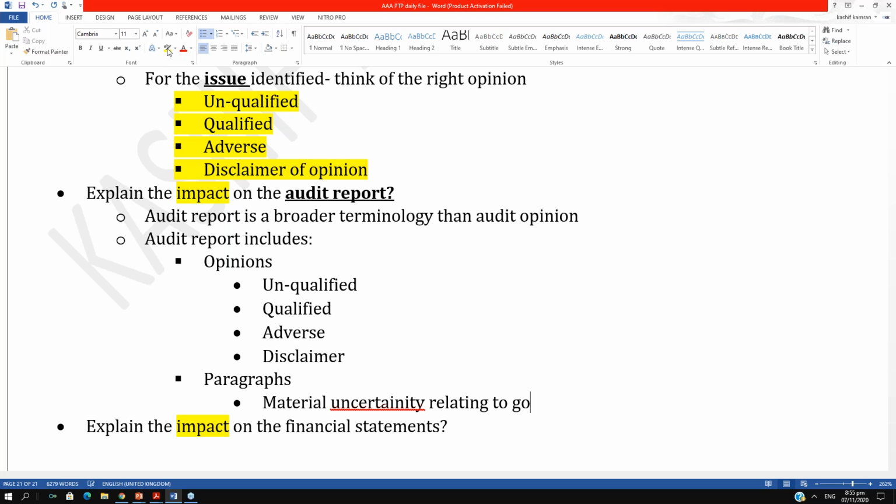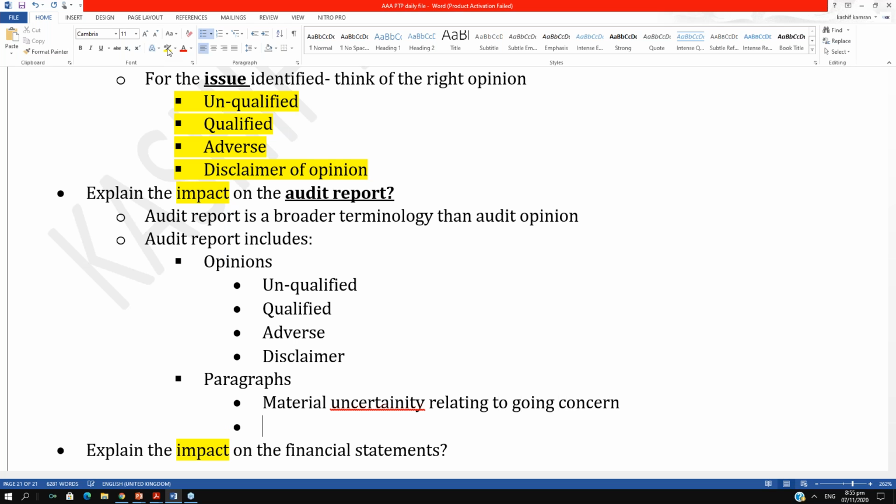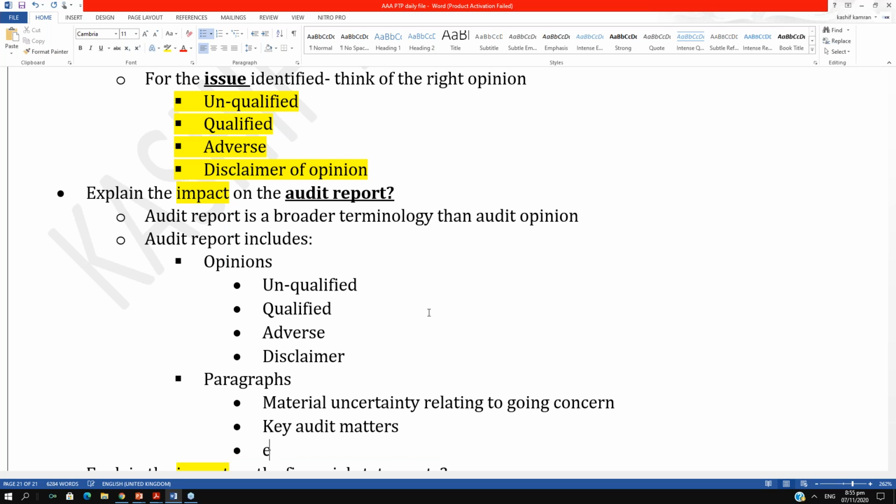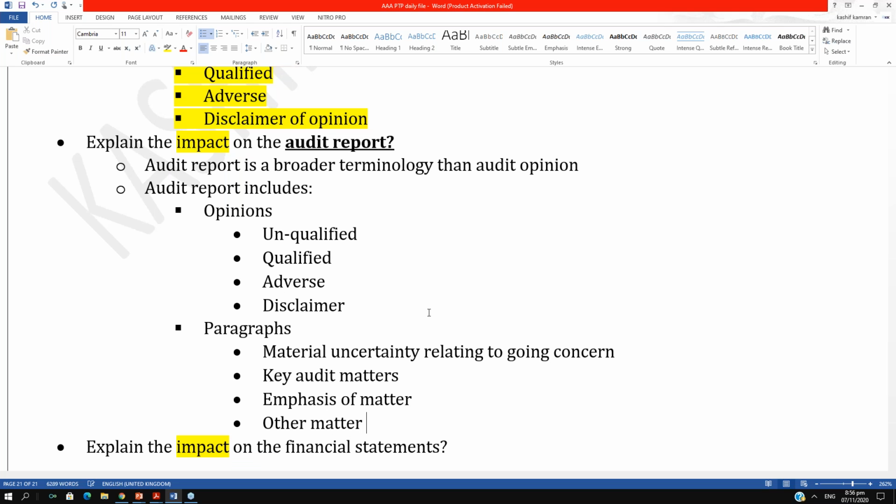It can include paragraphs like key audit matters, emphasis of matter, other matter paragraph, and other information paragraph. I think other information came in the last exam paper, which was September 2020, the results of which were recently announced.